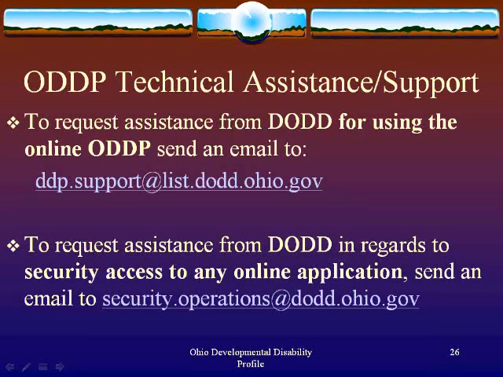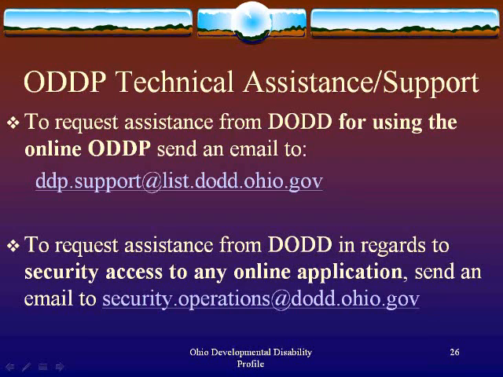But you also have the option to email the ddp.support email list. Both Rick and I, as well as a few other people, follow up on those emails and get back with you and try to answer those questions in a timely manner.